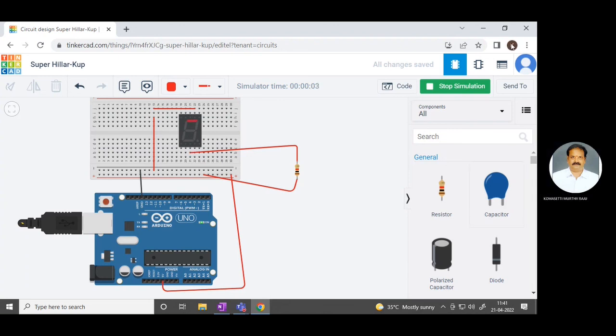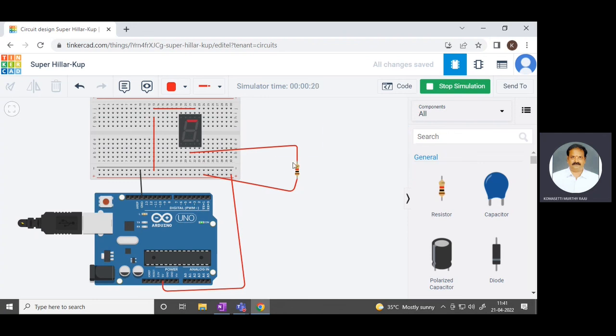Okay. That A line of that 8 is on. Therefore, it is a common anode 7-segment display.